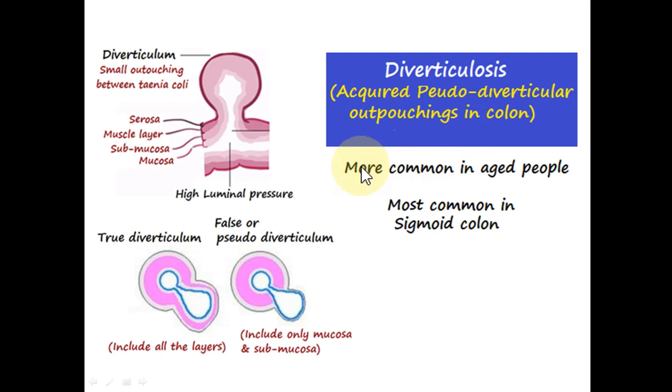This type of diverticula and diverticulosis most commonly occur in aged people. And since the sigmoid colon in the large intestine is comparatively the narrower region, they are most common in the sigmoid colon.